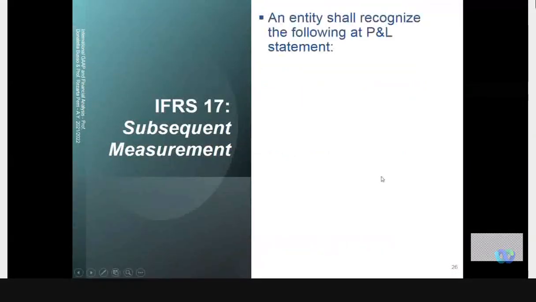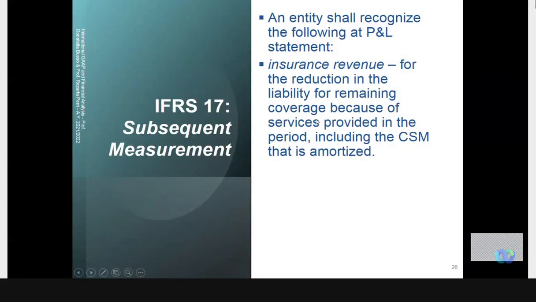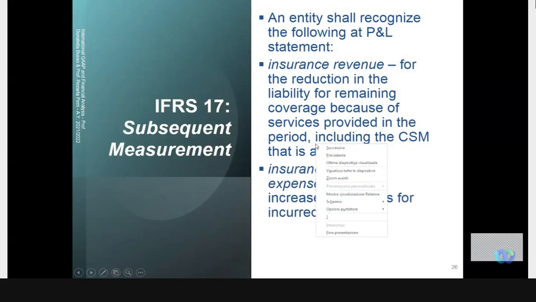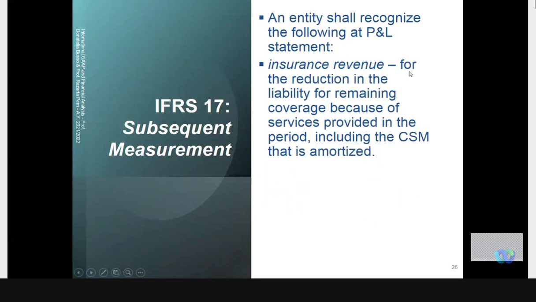Okay, let's continue. What we will recognize in the profit and loss statement are insurance revenue and insurance service expense. First of all, we will recognize the insurance revenue, remember, as the reduction in the amount of contract service margin.